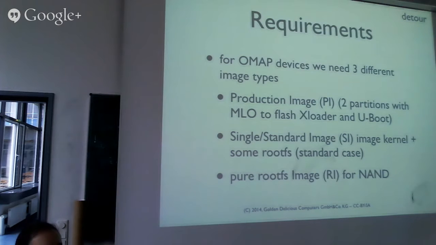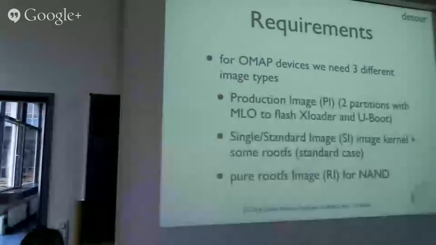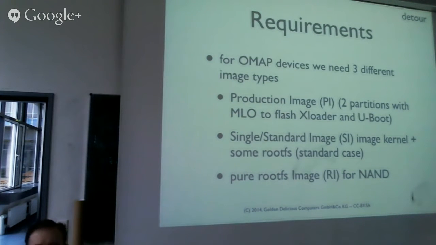The production image, as the name indicates, is used during the production of such devices to boot them for the first time, to flash the NAND, and to initialize it. But it's not a system intended to be used daily by users. It can be used or downloaded, of course, to reinstall the standard system. If somebody is trying to experiment with the Xloader or U-boot, or its own variants, it's very good to have a standard system to reinstall.